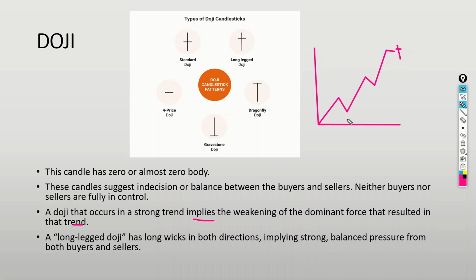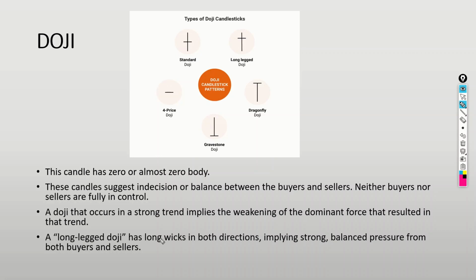It means that the dominant uptrend, which has been happening in the market, has lost control. Or we are saying that the pressure which pushed the price up is reducing or is weakening. That is what it means.